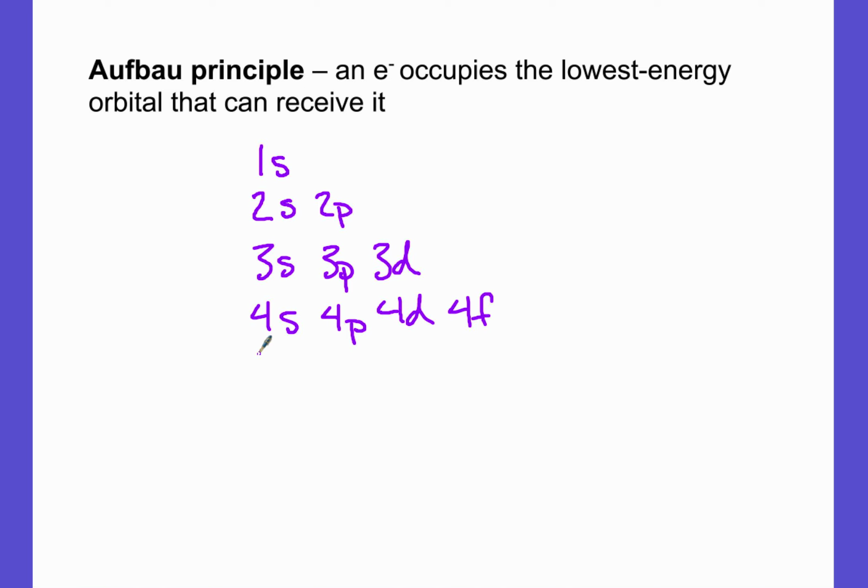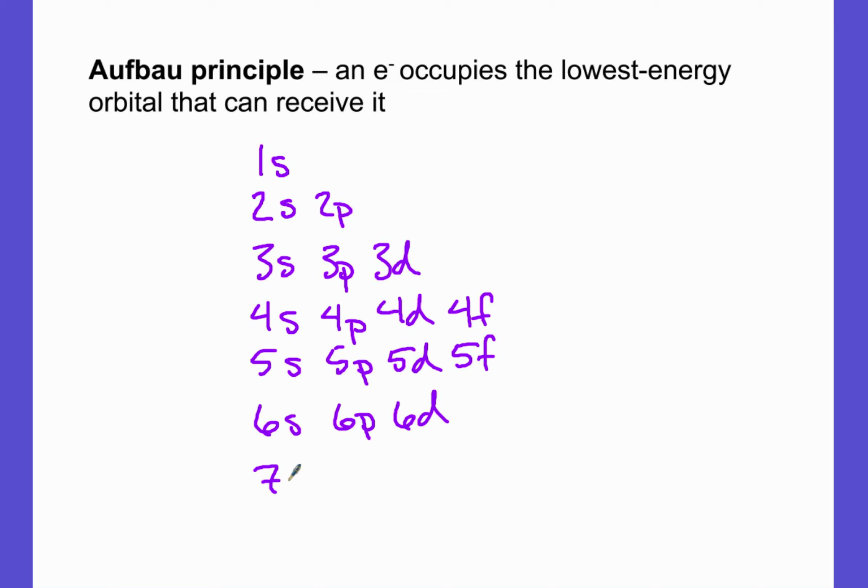As I continue with this pattern, this is a 5S, 5P, 5D, 6S, 6P. Oops, sorry, forgot the 5F. And then it goes 6D here. You don't actually need 6F because it just never is used, is what's going to happen.